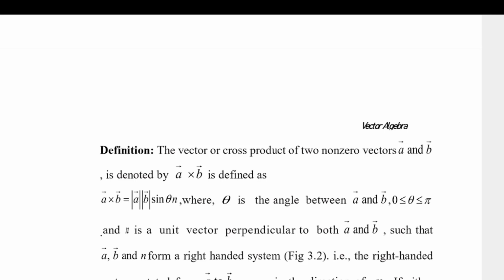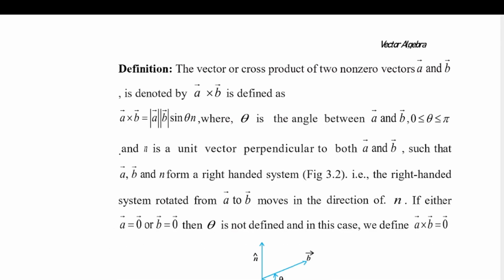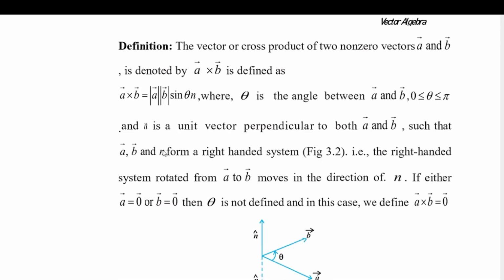Okay, now let's look at the definition here. The vector or the cross product of two vectors, let's say vector A and B, is denoted by A cross B, and it is defined by A cross B equals magnitude of vector A times magnitude of vector B times sine of theta times n, where n represents the unit vector.